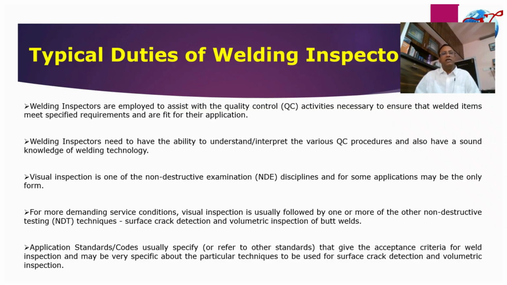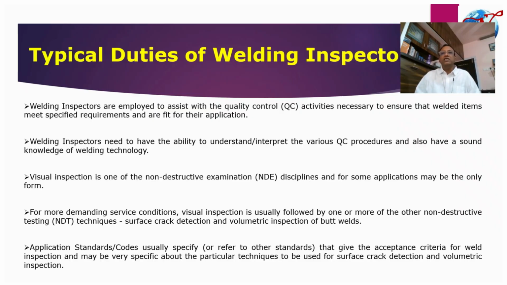A welding inspector performs a lot of duties. Typically, welding inspectors are employed to assist with the quality control activities necessary to ensure that the welded items meet the specified requirements. The welding inspector needs the ability to understand and interpret the various QC procedures and also have sound knowledge of welding technology.